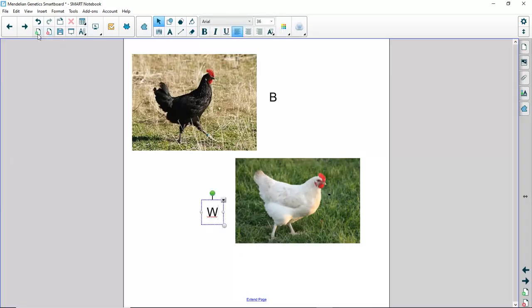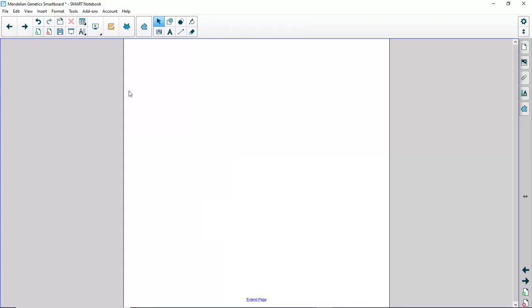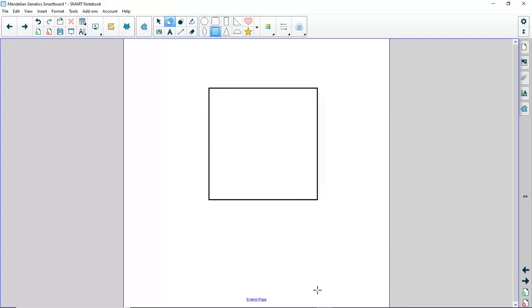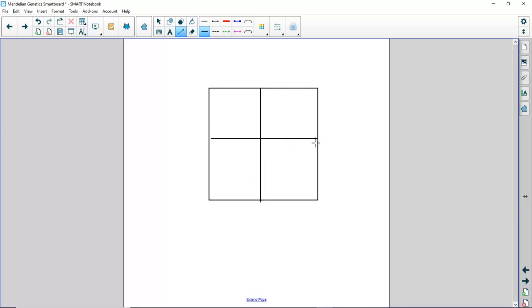So if we get a new picture up, and we draw you a quick Punnett square. Look at that, a very quick Punnett square here. Should have had this prepared for you, sorry. And we cross a black chicken with a white chicken.